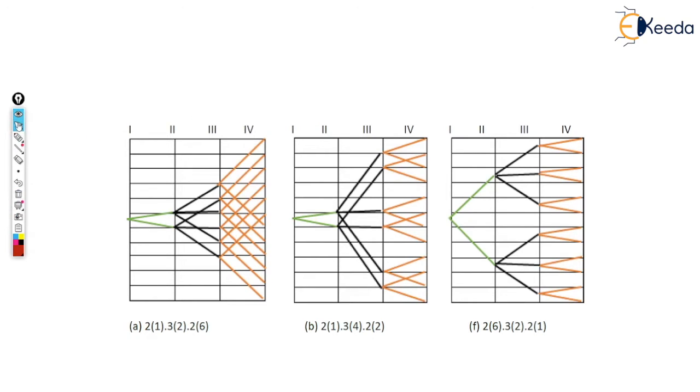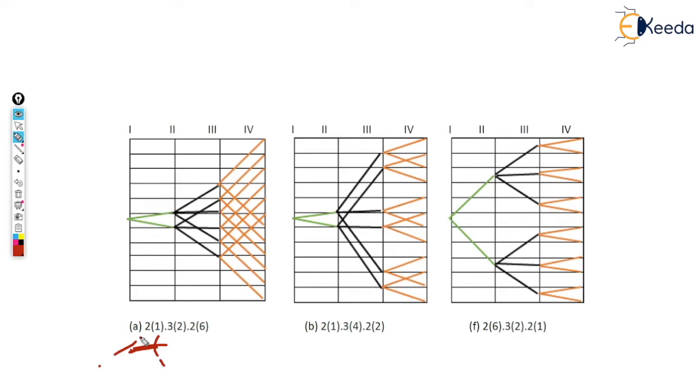After drawing these lines, next is the first one, P1, which is this 2 in bracket 1. This 2 shows that there should be 2 lines, and 1 indicates that there should be one common point for these 2 lines.